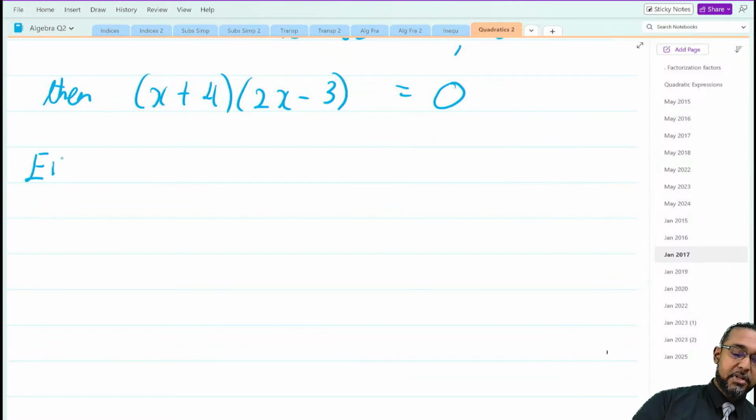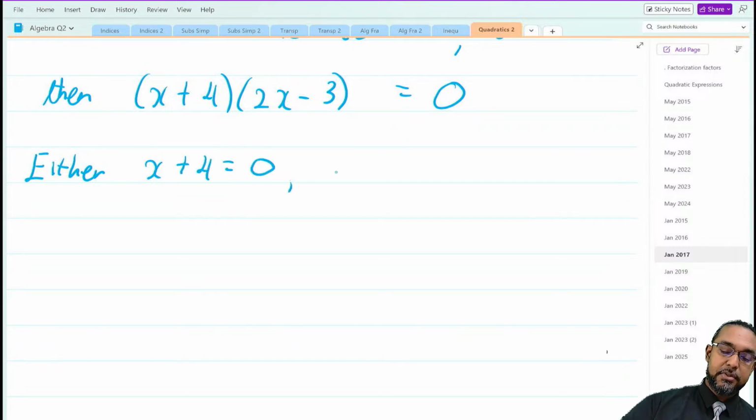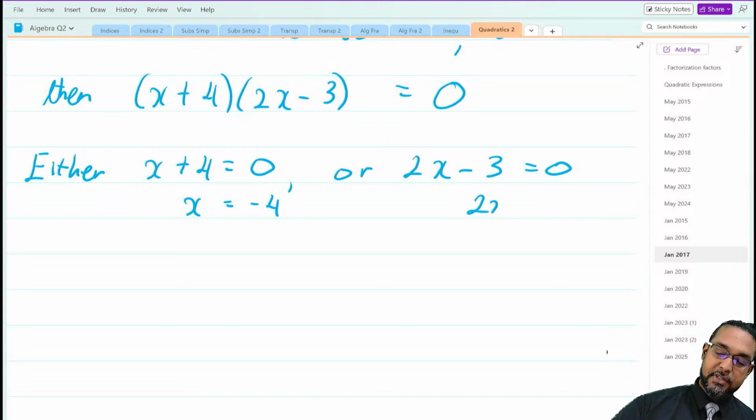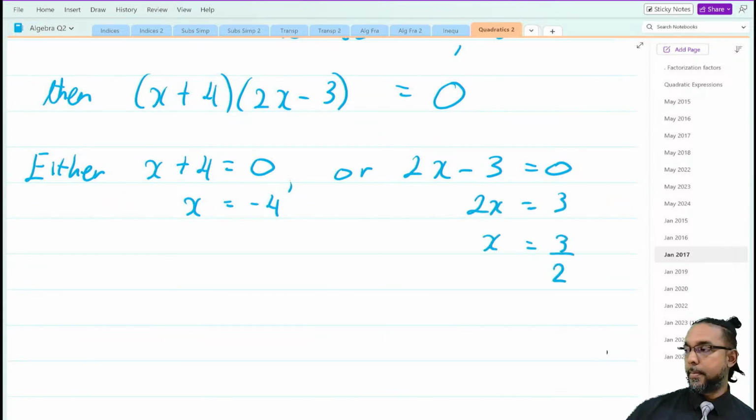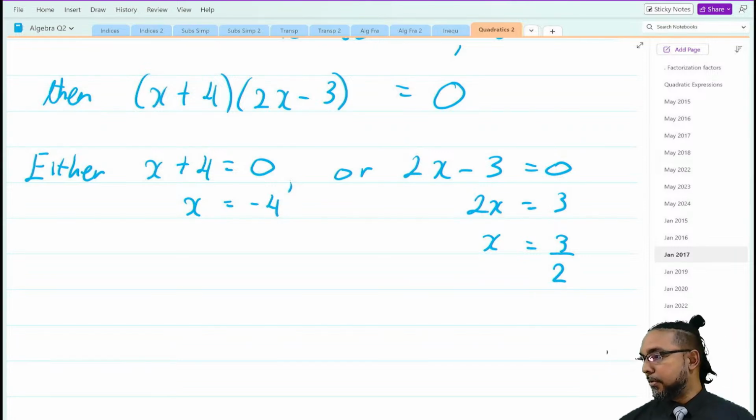So we consider each one in turn because x is a variable; its value can vary or change. Either x plus 4 is 0 or 2x minus 3 is 0. If x plus 4 is 0, you subtract 4 from both sides of the equation to solve for x. And if 2x minus 3 is 0, first of all, you add 3 to both sides, and then divide by 2. Right, minus 4 and 3 over 2.